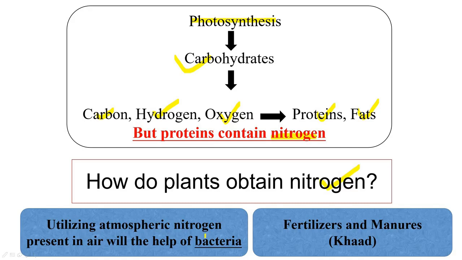Thus, this work is done by a bacteria called Rhizobium, which lives in the roots of legume plants, such as pea, pulses, beans, etc. This bacteria converts the atmospheric nitrogen into usable nitrogen. Also, plants get nitrogen from fertilizers and manures, which are added to the soil.